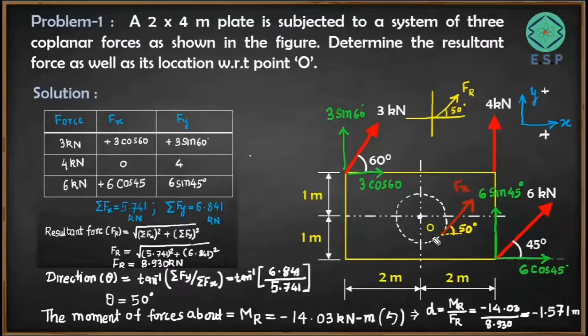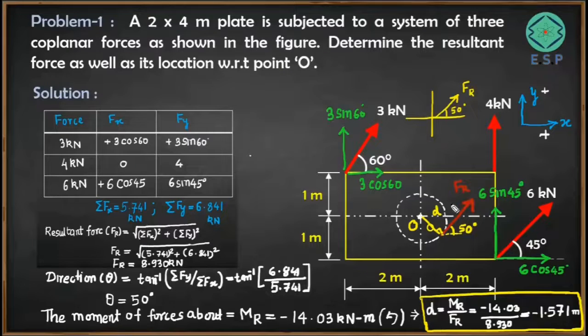This distance from here to here is d, which we have already got. Here the point O is here, friends. From point O to the point of application of the force is called d. We are referring to the perpendicular distance of the force with respect to point O.